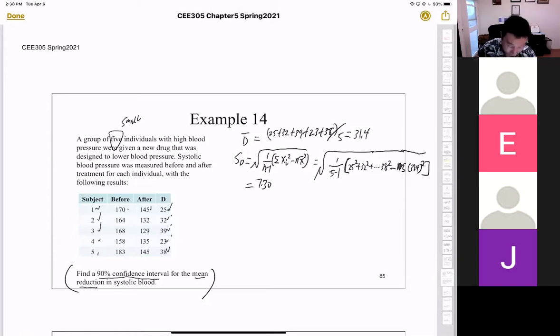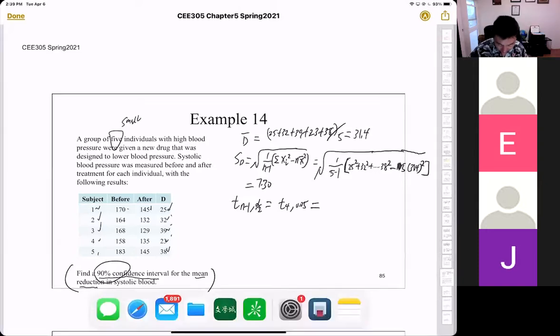For the t-value, the degree of freedom is n minus 1 and half alpha. Here n is 5, we have 5 samples, so that's 4. Half alpha for a 90% confidence interval will be 0.05.